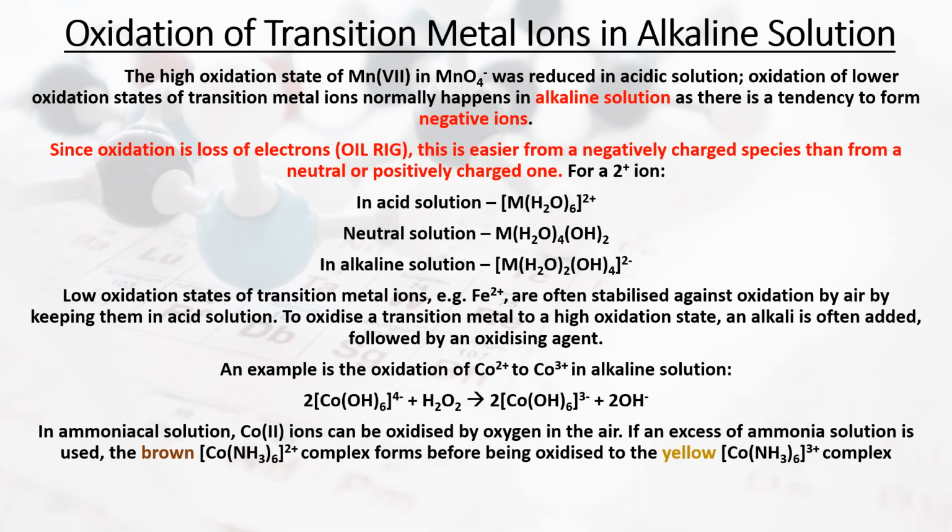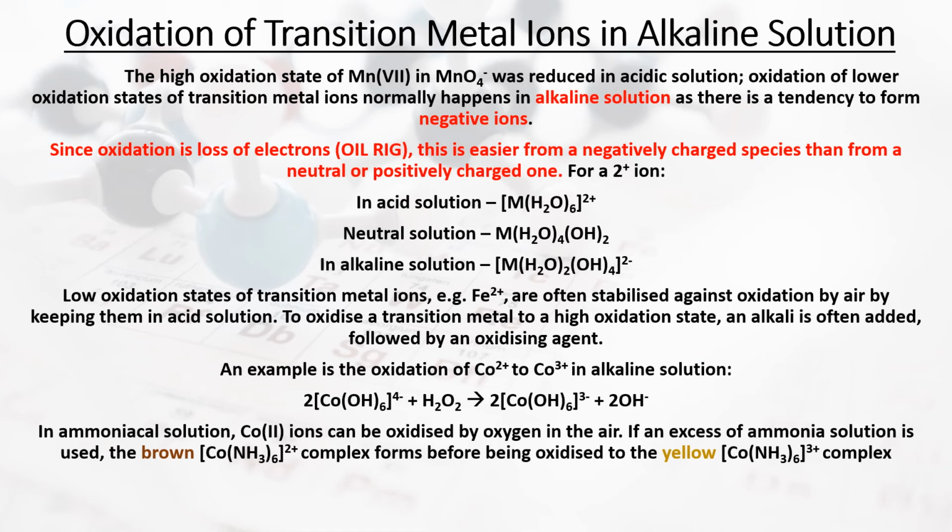So if we take an overall 2+ ion, in an acidic solution that normally exists as our hexaaqua ion, [M(H2O)6]2+. In a neutral solution, this would typically be a neutral metal hydroxide precipitate, which we can think of as M(OH)2.